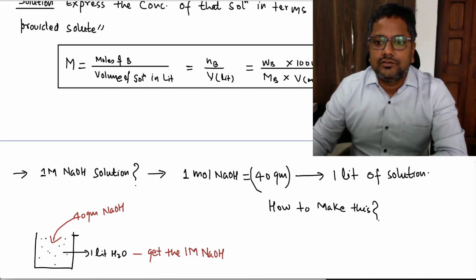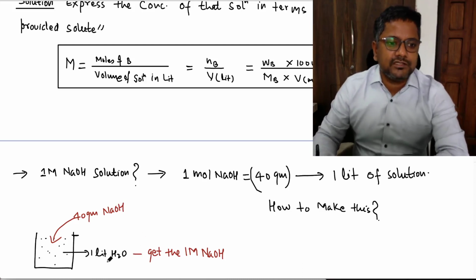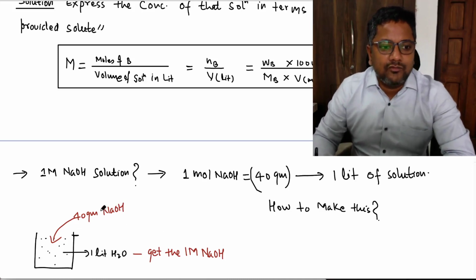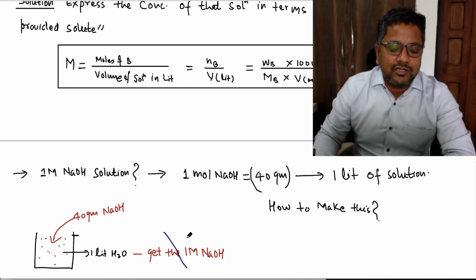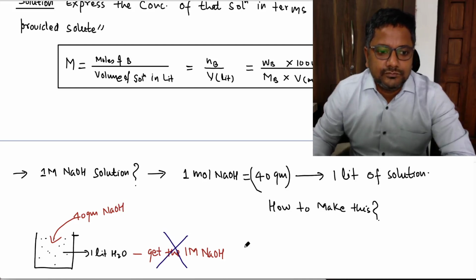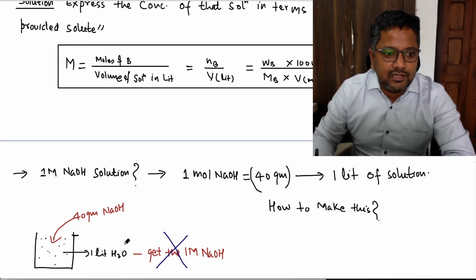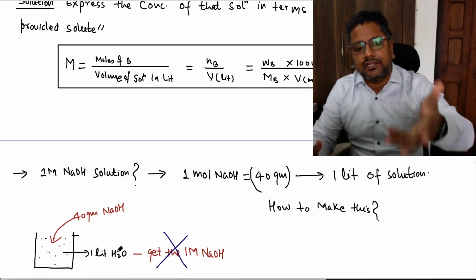So see, this is not the right way to prepare 1 molar solution, because once you have taken 1 liter of water and put 40 gram of NaOH in that, you never get 1 molar solution. The whole volume of total mixture is not equal to 1 liter. In this situation, definitely you will get concentration greater than 1 molar.